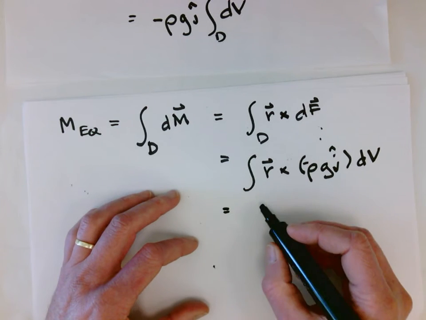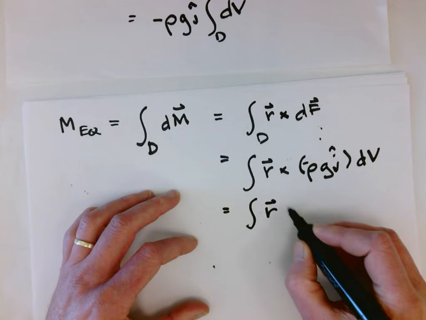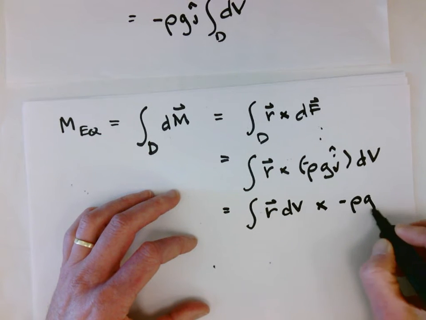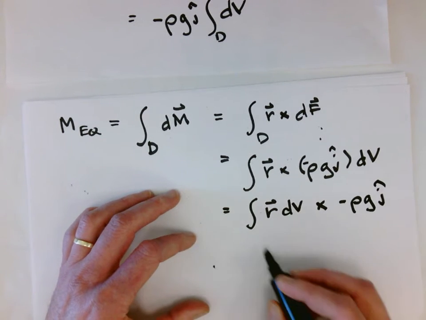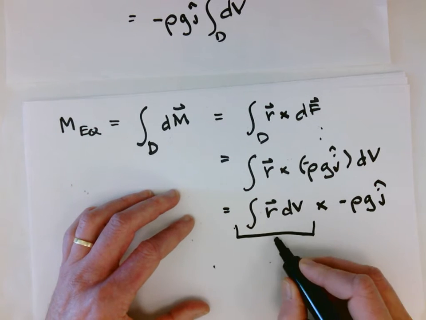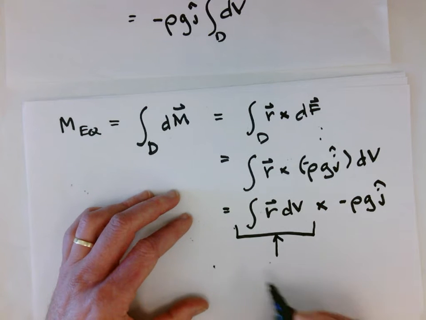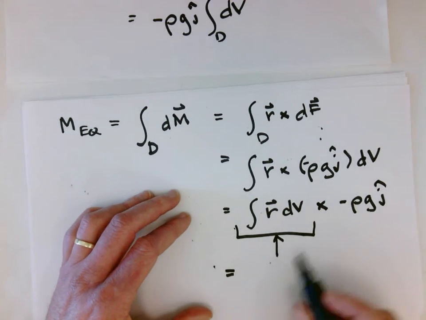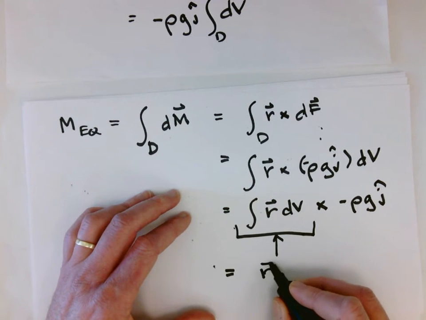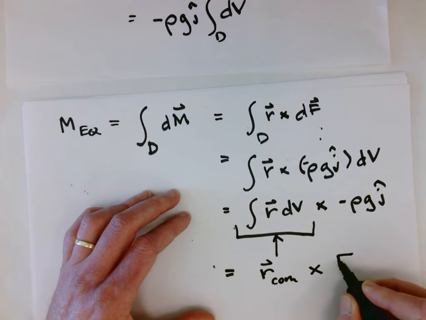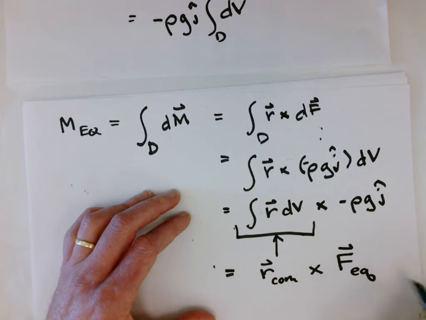So this is simply going to be the integral of r dV crossed with minus rho g j hat. And this should look pretty familiar. This is exactly the kind of expression that we use when we calculate the center of mass. So in fact, if I do a little bit more math here, this ends up being r_com crossed with F equivalent.